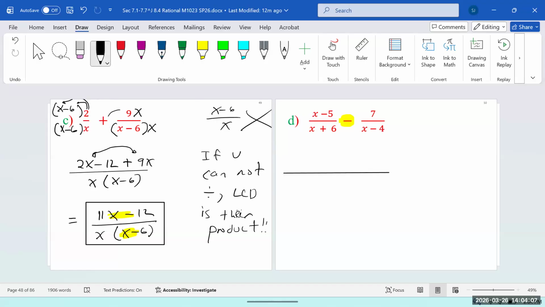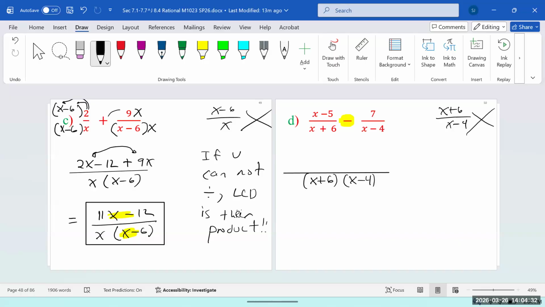Can you divide x plus 6 by x minus 4? Is it divisible? So we cannot divide. What do you do? Multiply them. No, do not distribute. Multiply them means just multiply them, but do not distribute.